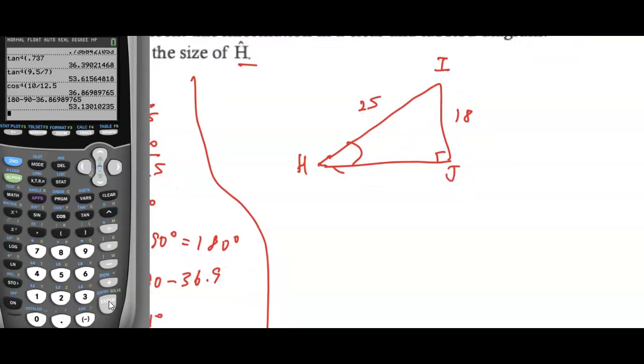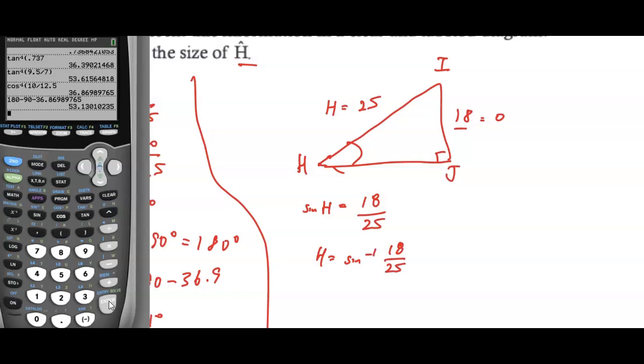According to angle H, 18 is the opposite, and 25 is the hypotenuse. So, OH, we'd do sine of H is equal to 18 divided by 25. H is equal to the inverse sine of 18 divided by 25.